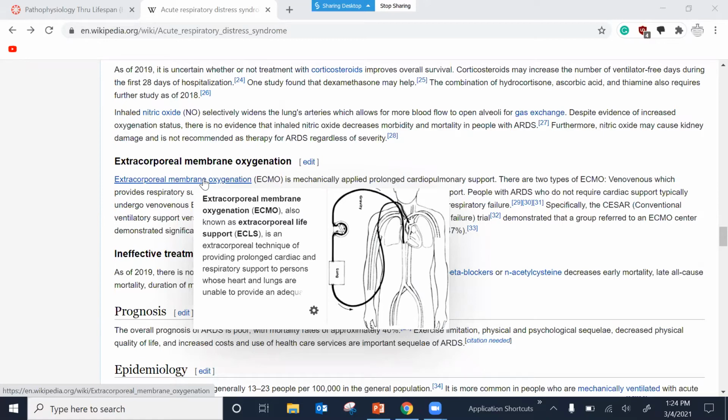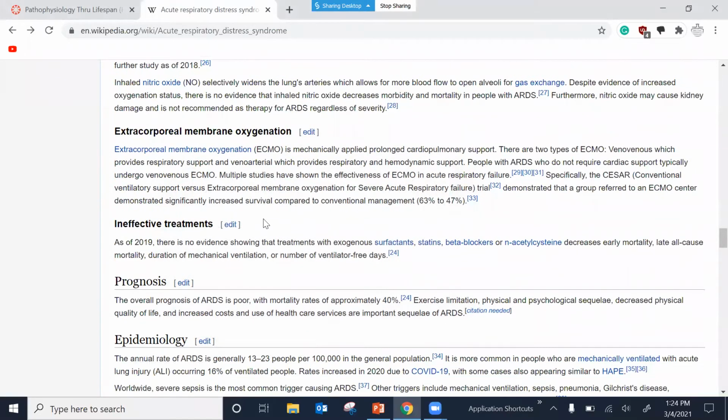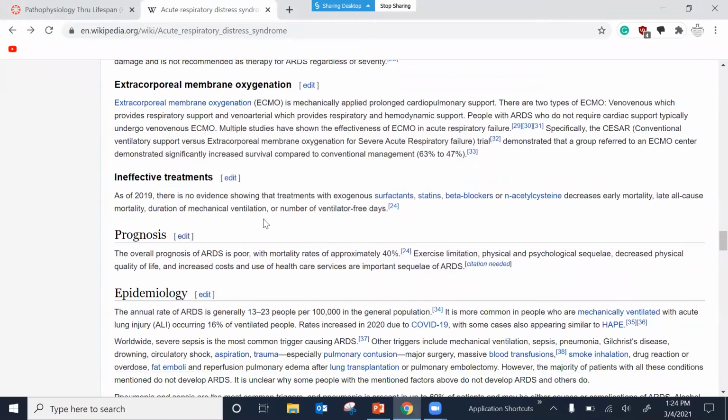After you pass your NCLEX and you become an RN, you get a whole training on ECMO, which is a pretty cool technique for supporting a person in ARDS, acute respiratory distress syndrome.